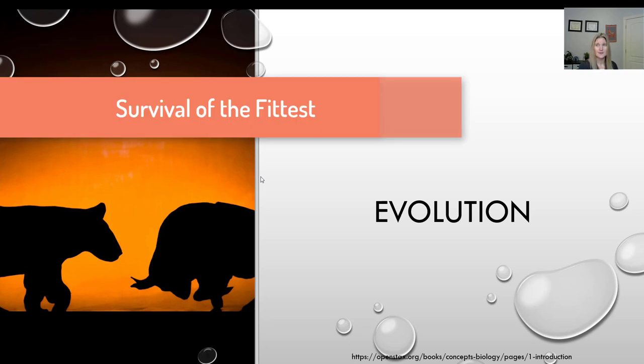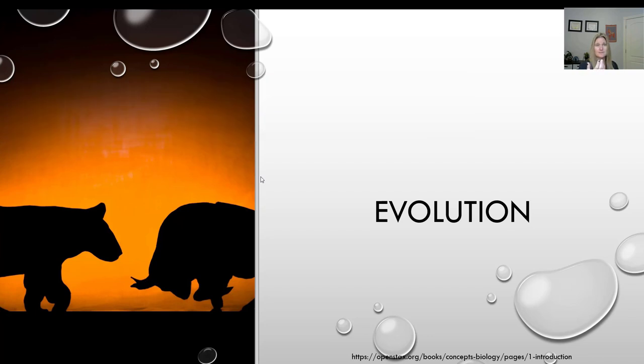And if the offspring of those individuals survive in their environment better, then they're going to pass on their genes to the next generation. So over time, the population as a whole will see that advantage, that change, become more frequent. Okay, so over time that population is evolving to be better suited for that environment. So that's what evolution is. So that is another property of life that we see.